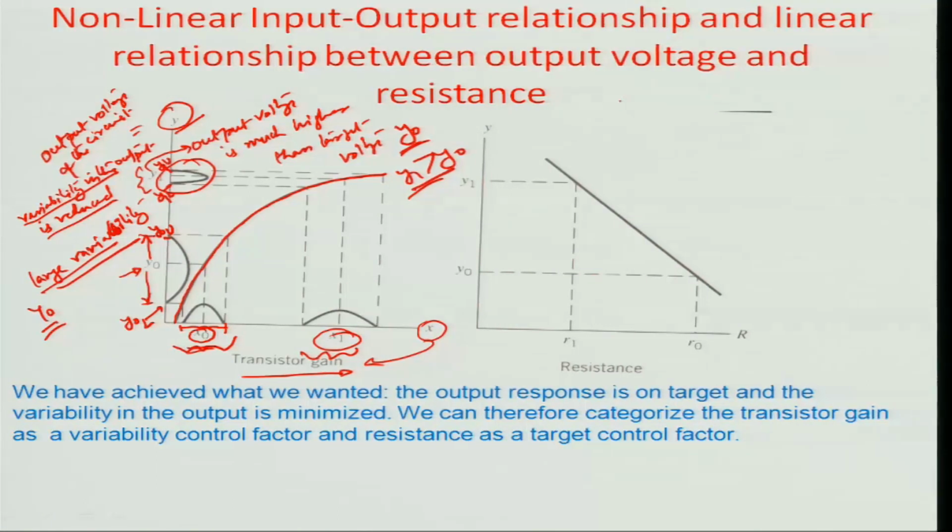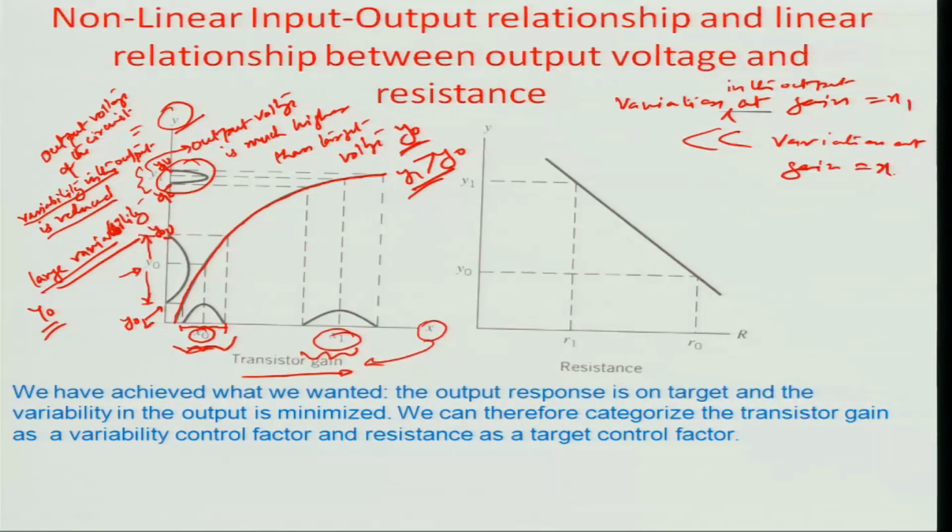Okay. So, I can write this down as variation at gain equal to x1 is much lesser, and this is variation in the output, much lesser than variation at gain equal to x0.